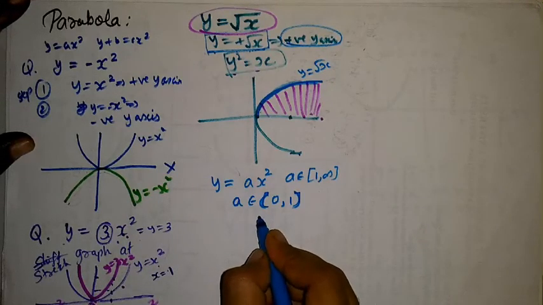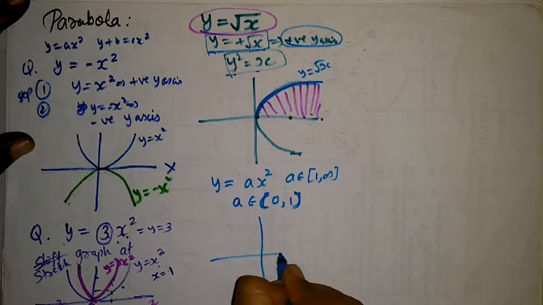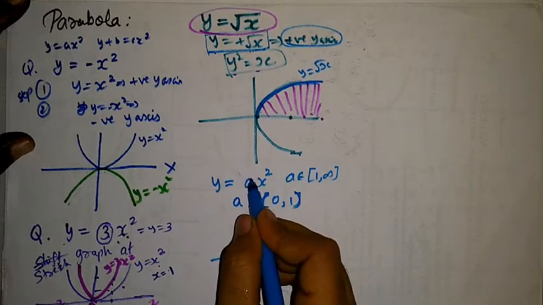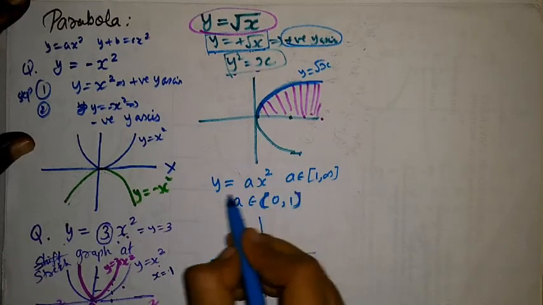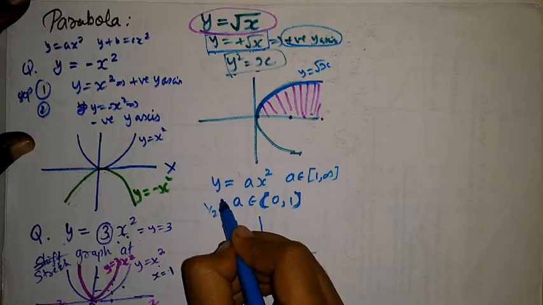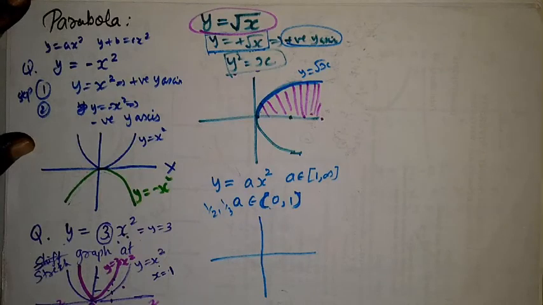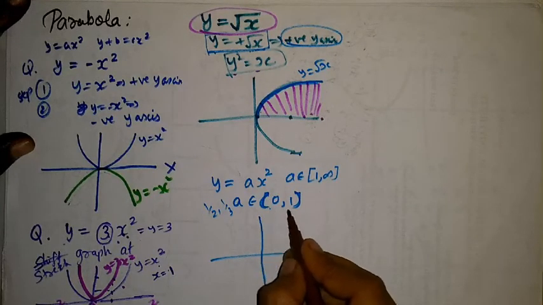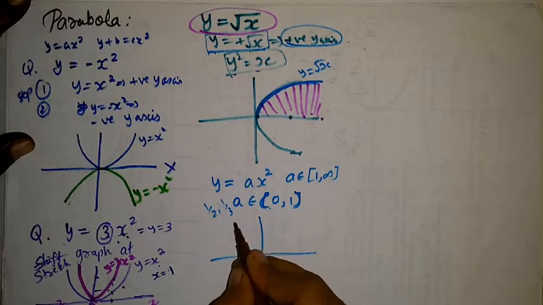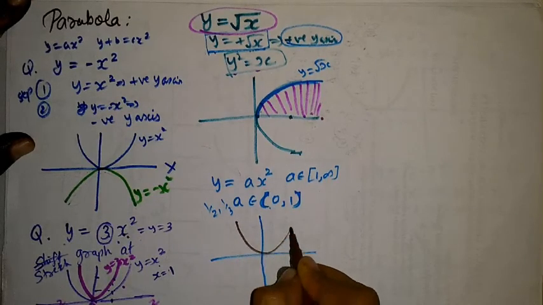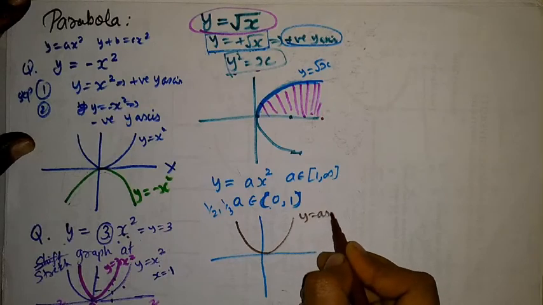Let me show you by diagram. If we take a is equal to anything, 1 upon 2, 1 upon 3, anything that belongs to 0 to 1, then its graph will be, this is y is equal to ax square.